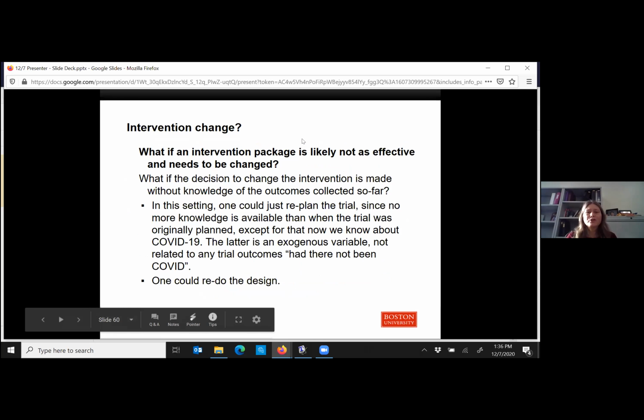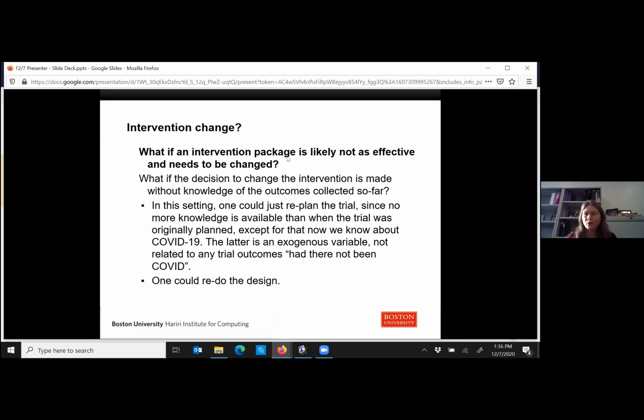It is also possible that due to COVID-19, the intervention package, if we are talking about a multi-component intervention, or the dosage, if we are talking about a treatment with a dosage, is likely not as effective, and the team feels that the intervention package or the dosage needs to be changed.